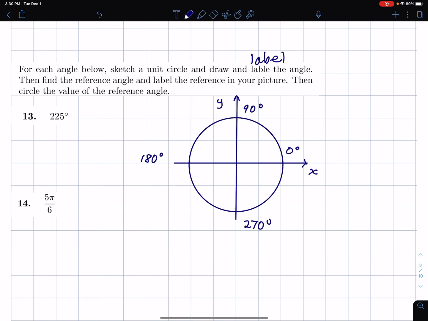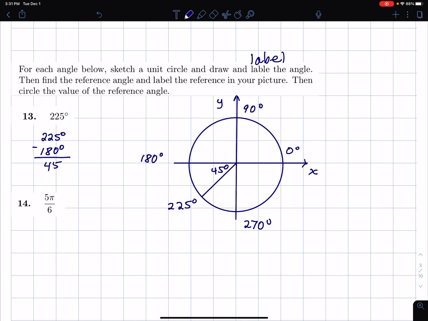Where's 225? Well, it's between 180 and 270. When we're talking about the reference angle, we're supposed to refer to the x-axis, not the y-axis. I subtract, and I get 45 degrees. I'll just sketch a 45-degree angle there. So 180 plus 45 is 225 degrees.